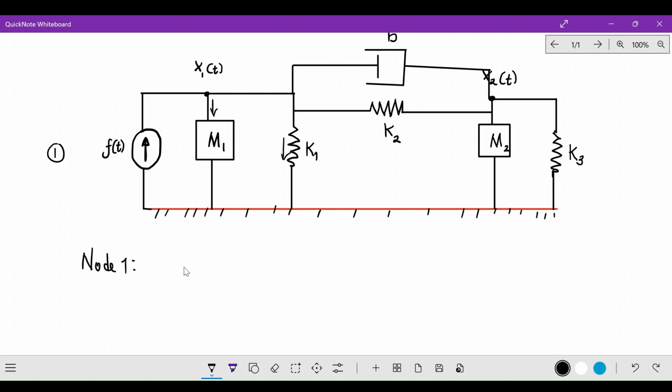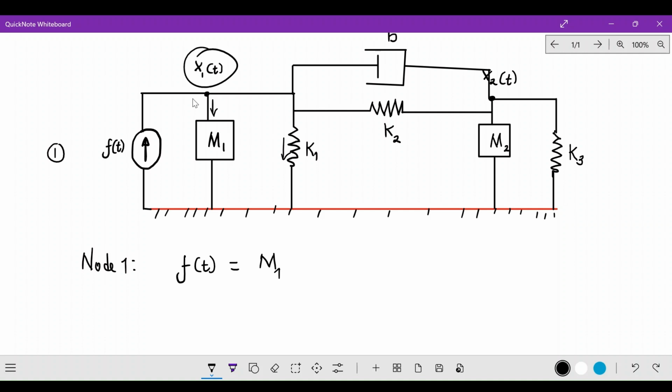So I'm saying the applied force f of t is equal to all the forces that are opposing. The first force is simply the force through mass number 1. According to Newton's law of motion, the force through the mass is mass times acceleration. And what is acceleration? It's the second derivative of displacement. Which displacement are we considering here?